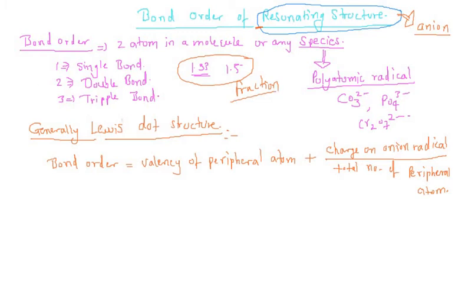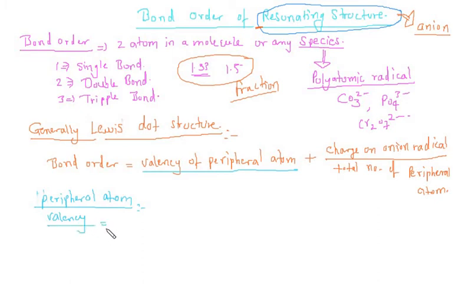Now let's discuss this formula. In this formula you have the valency of a peripheral atom. So first you should know what a peripheral atom is, and second you should know the valency also.